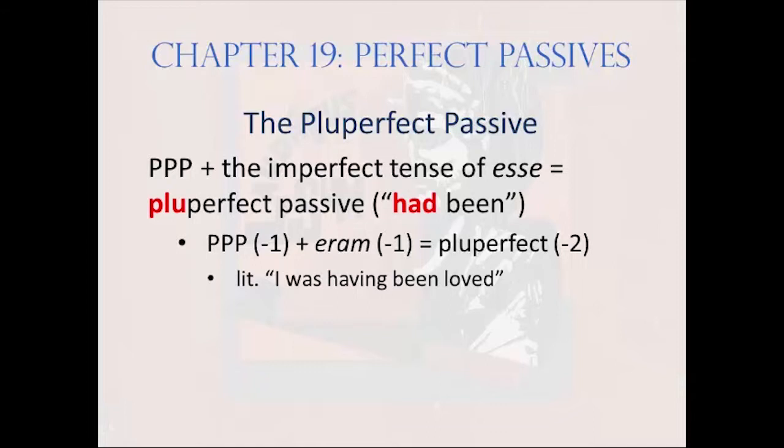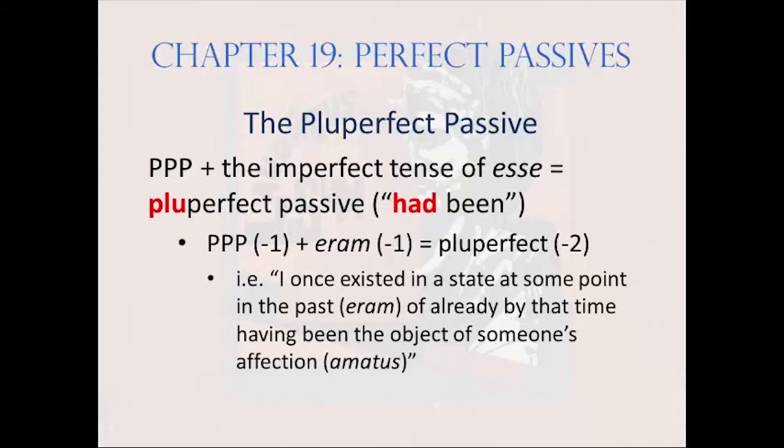These two Latin verb forms together mean literally, I was having been loved. That is, I once existed in a state at some point in the past, eram, of already by that time having been the object of someone's affection, amatus. Which is a very complicated way of saying I had been loved.